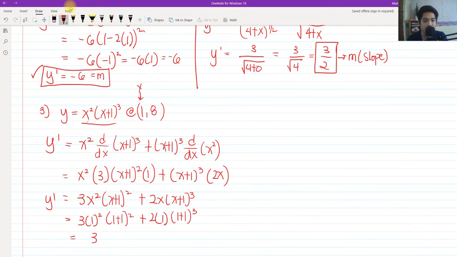This would be 3, this would be 2 squared, which is 4. And then we have 2, 1 plus 1, 2 cubed would be 8. So we have 12 plus 16. That would be 28, and this would be our slope. That's the slope of the curve at that point (1, 8).